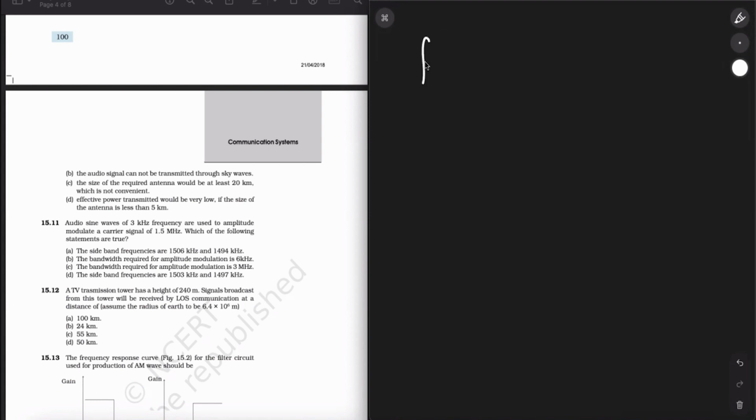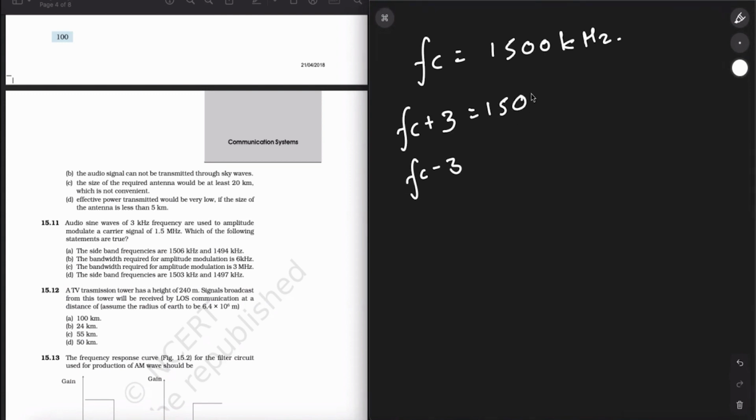So I already told you that FC is equal to 1.5 megahertz, which I can write as 1500 kilohertz. The audio sine wave frequency is 3 kilohertz only. So the upper band will be FC plus 3 and the lower band will be FC minus 3. 1500 plus 3 will be 1503 kilohertz, and the other will be 1497 kilohertz. So these two will be the sideband frequencies.